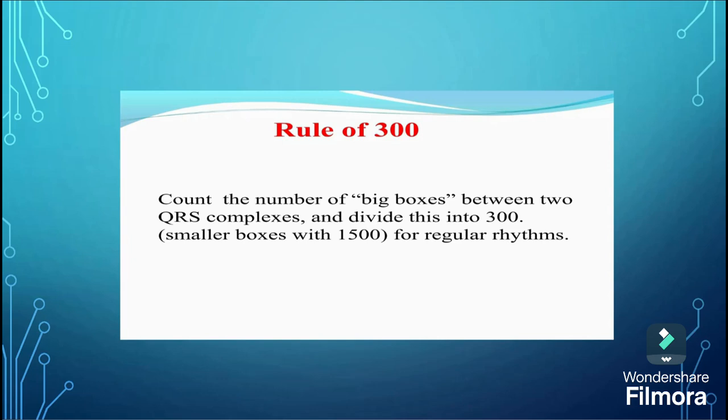If you count smaller boxes, then divide 1500 by that number. Remember this: count the number of big boxes between two QRS complexes and divide into 300, or with smaller boxes, into 1500, for a regular rhythm.